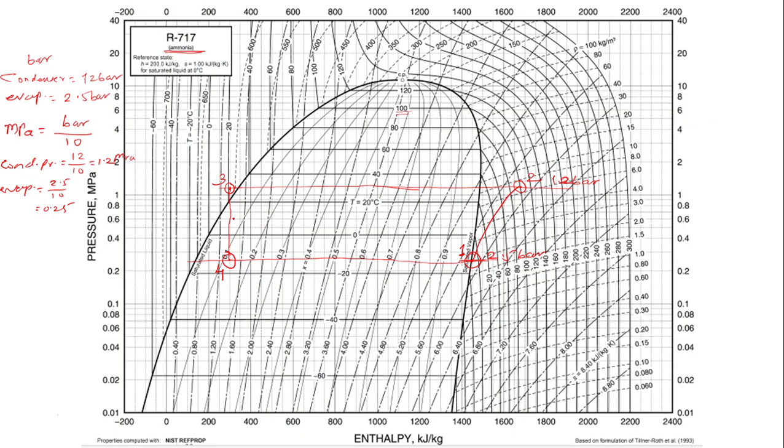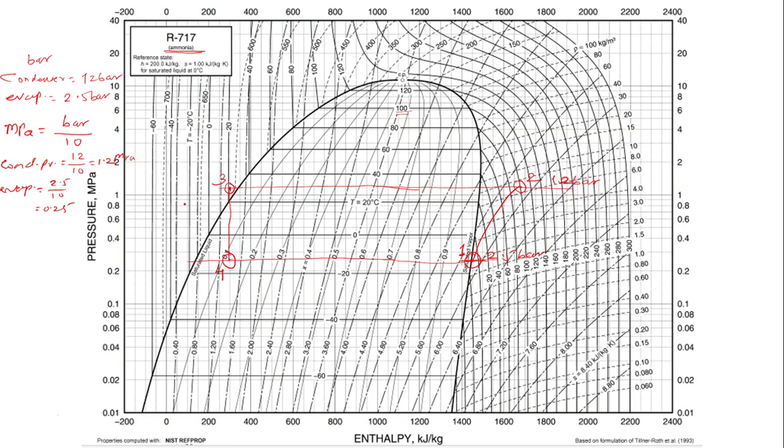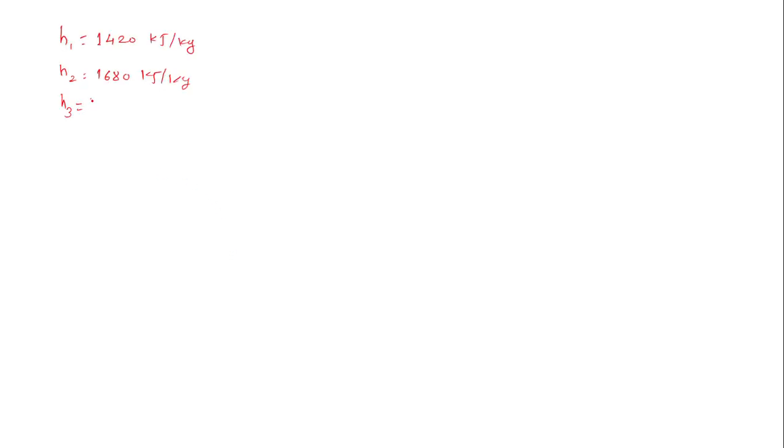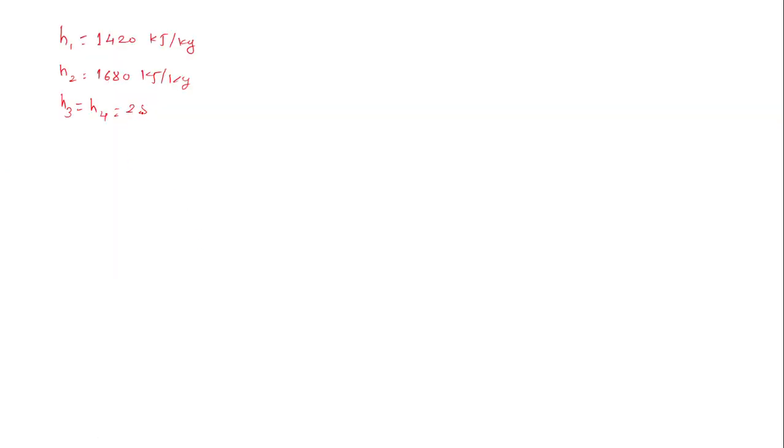So H2 will be 1680 kilojoule per kg, and then H3, this is the perfect vertical line, so around 280. Now H3 and H4 are equal because 3 to 4 is the isenthalpic process. So H3 is equal to H4, the value is around 280 kilojoule per kg.